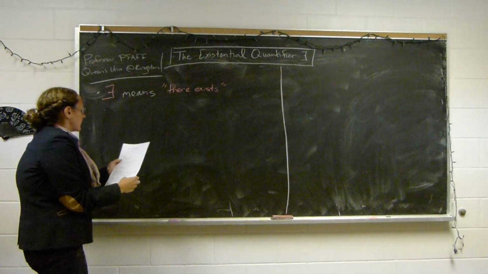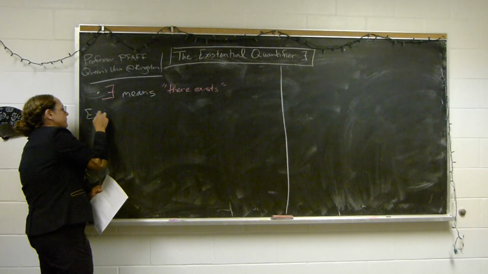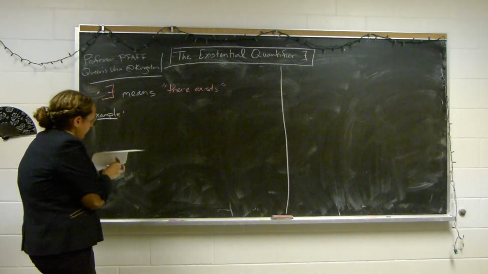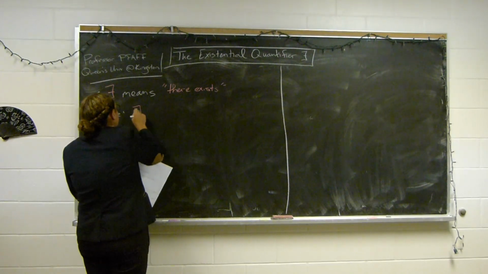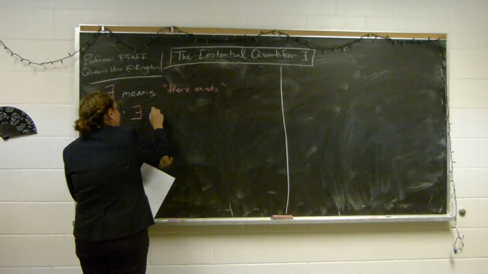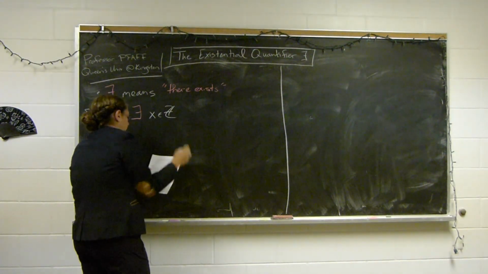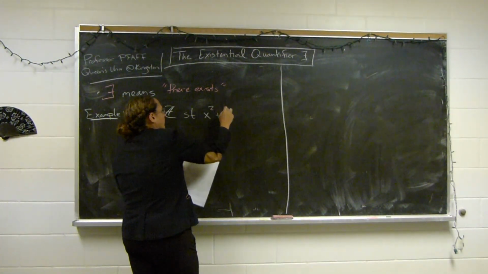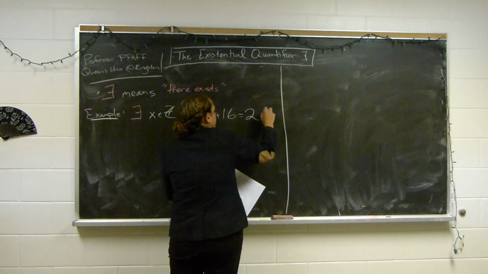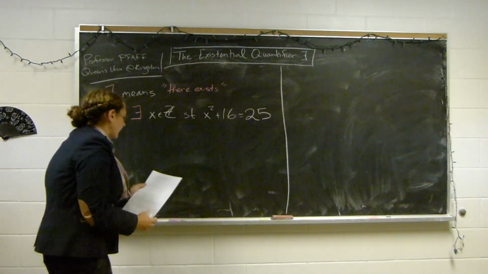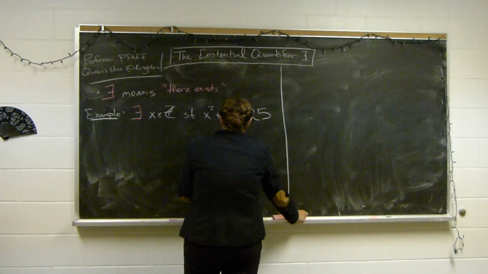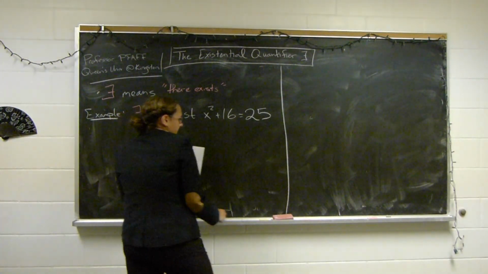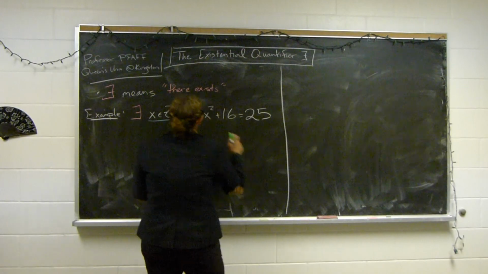Okay, so let's do an example really quickly. If I wrote "there exists an x in the integers such that x squared plus 16 equals 25," then I could break this down. I'm just going to underline as I break it down like this.